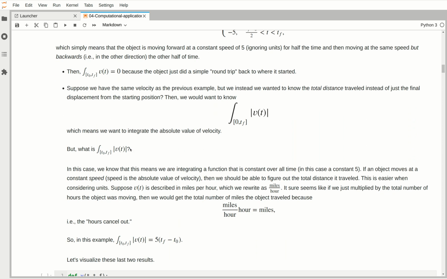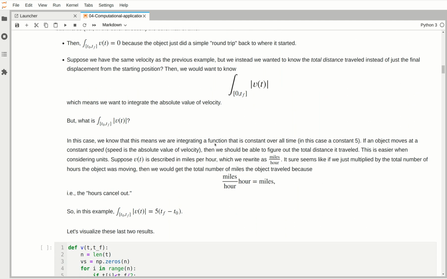So what is the integral of the absolute value of v? Well, let's use some units now. Suppose v of t is described in miles per hour. Then what you really want to know is how many hours did I travel given the constant miles per hour. We're assuming a constant speed here of, let's say, 5 miles per hour. Then if you took miles divided by hour, which is the units of the speed, and you multiply by the length of time in hours, the hours cancel out, and you're left with the miles traveled.